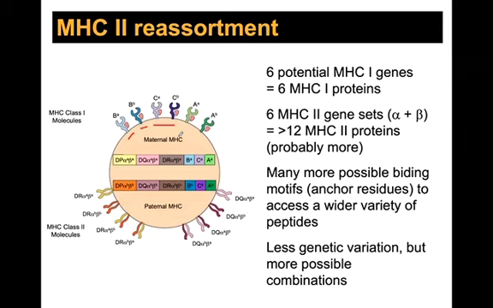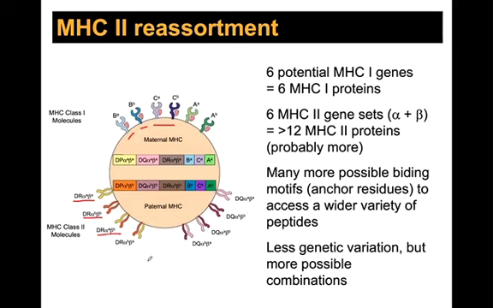You have 2 different variants at the C allele, you'll have 2 different MHC1, and same with A. But for class 2, because you have 2 copies of DR alpha and DR beta, you can have DR with alpha and beta from allele 1, and you can have DR with alpha and beta from allele 2, in this case A and B. But the DR alpha from one allele can also pair with the DR beta from the other allele.